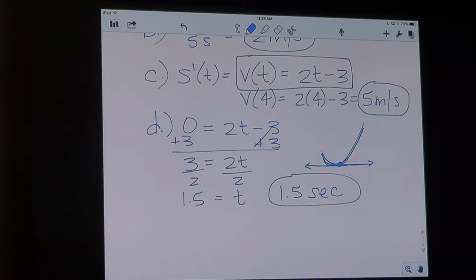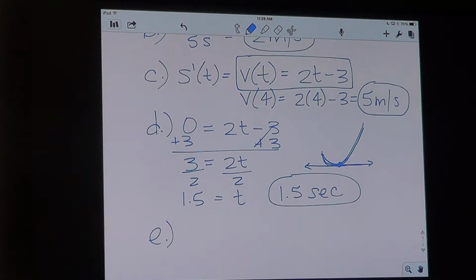Alright, and then E says, where is the particle when S is a minimum? So, where is S a minimum? So that means when S is 0? A minimum means not necessarily 0, but the lowest point, right.